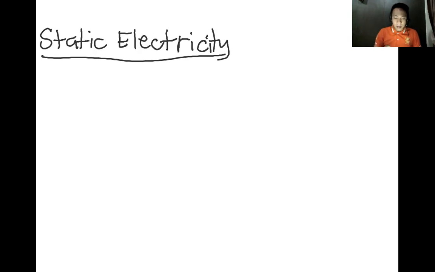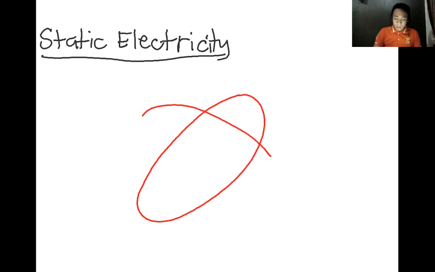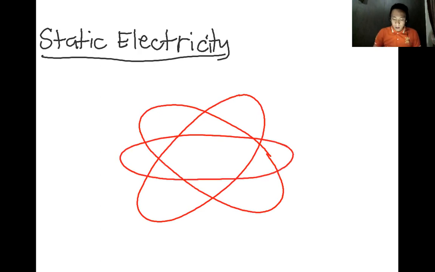I will draw an atom here, and put something inside and on the outside. So this is what we call an atom.